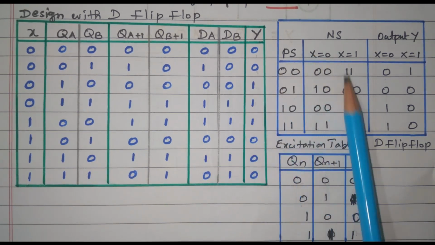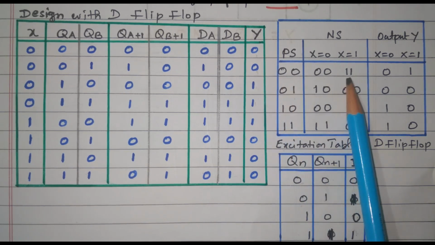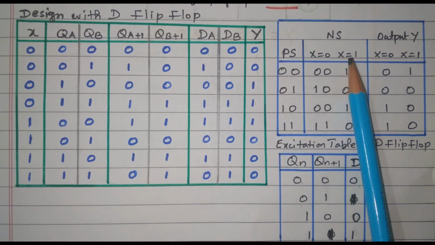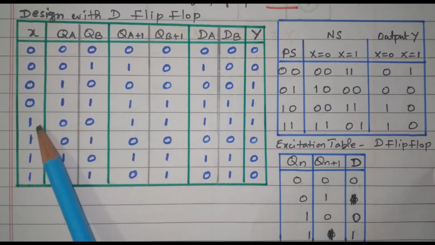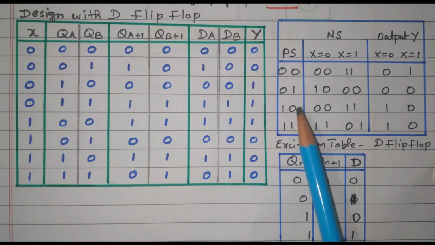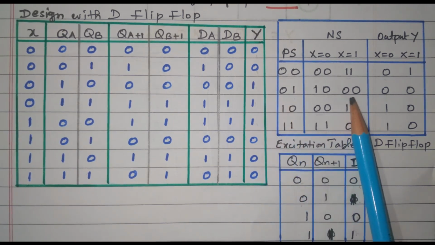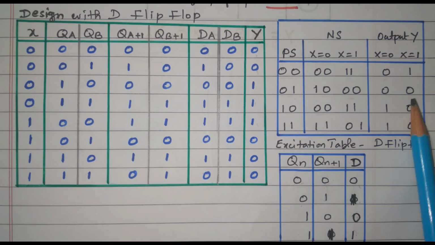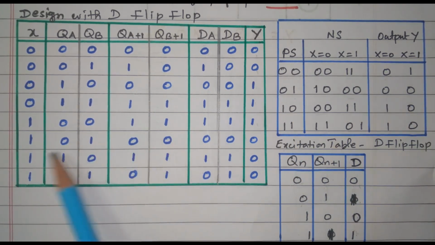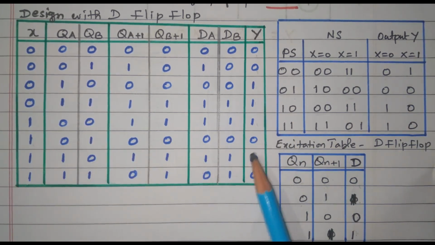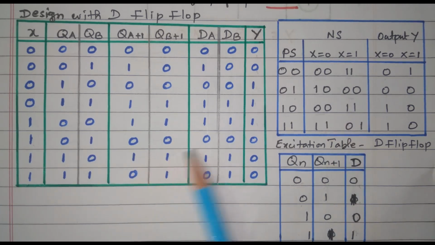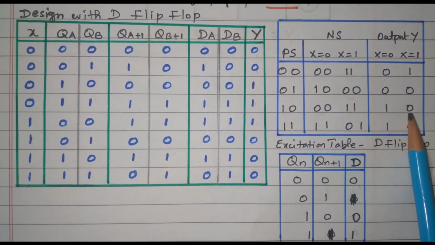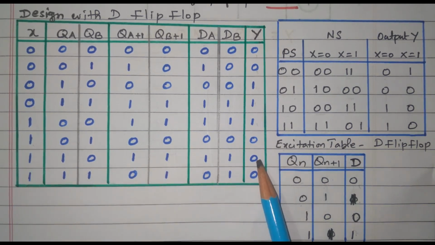Now go to the next column. 00 to 11, input is 1, output is 1, right. Then 01 to 00, input is 1, output is 0. 10 to 11, input is 1, output is 0, right.